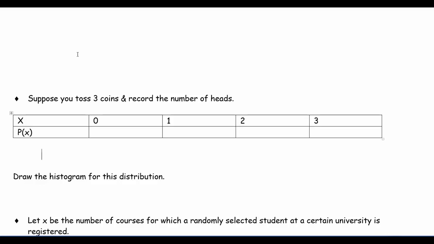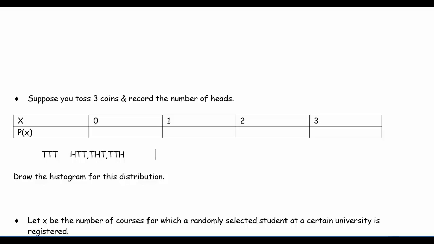If I have 0 heads, that's only one way: tail, tail, tail. If I've got 1 head, that would be either head, tail, tail, or tail, head, tail, or tail, tail, and then head. And there's a reason why I'm doing it this way.